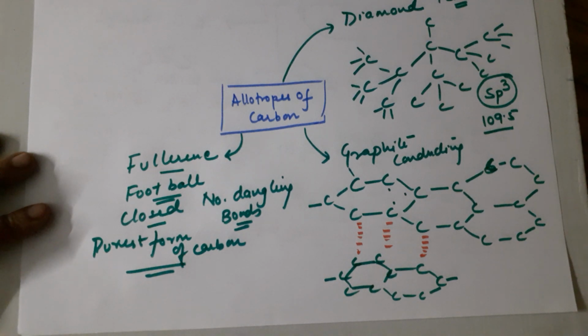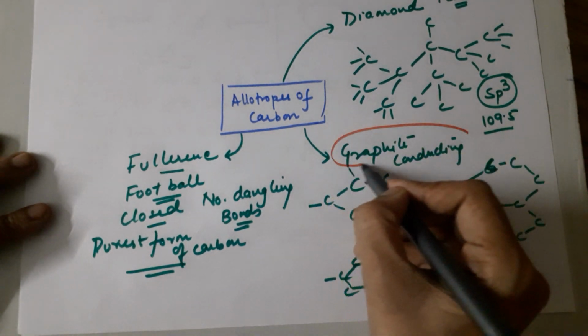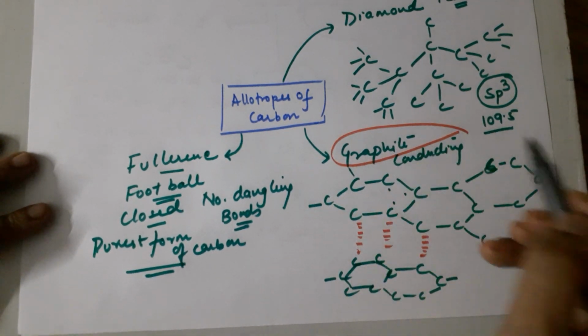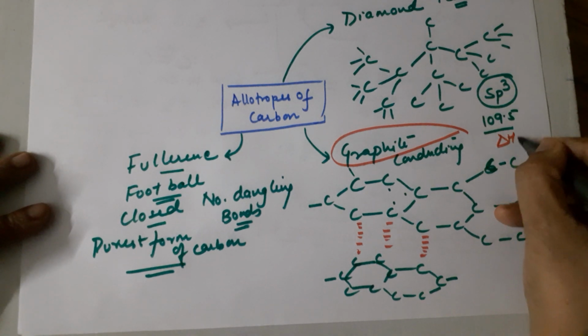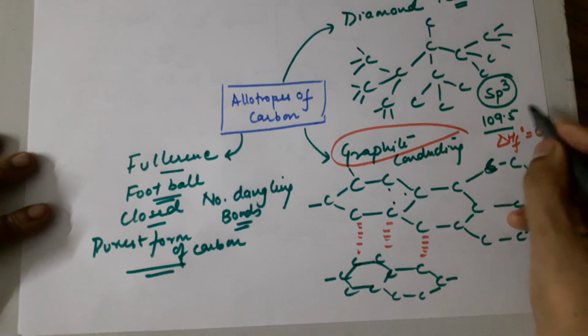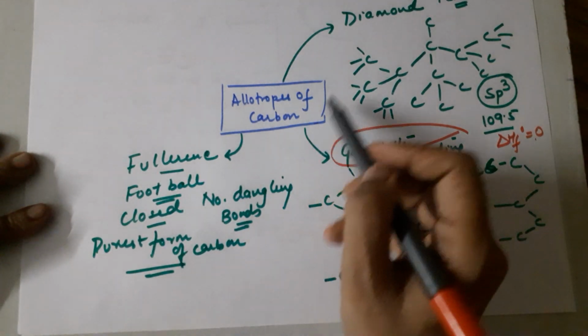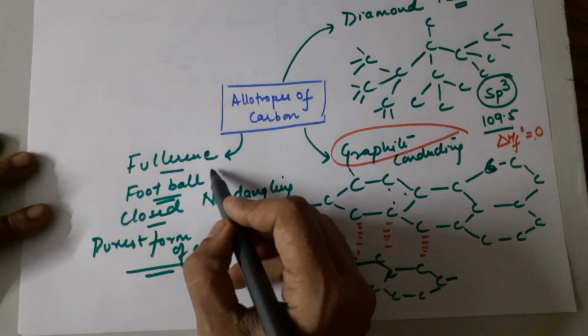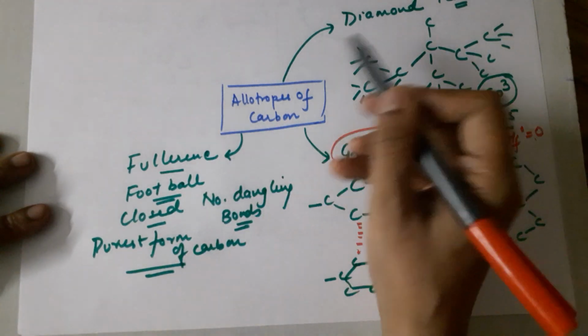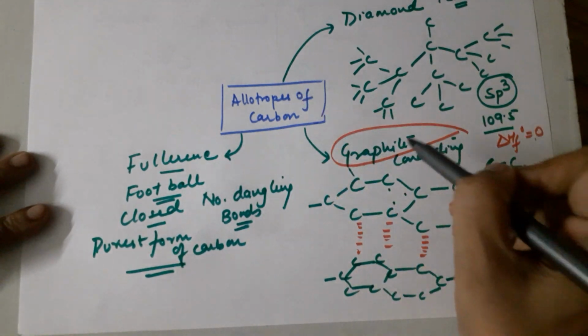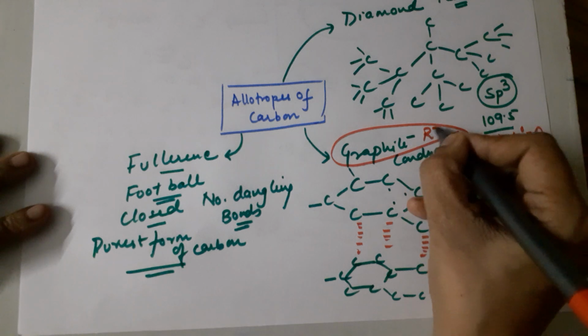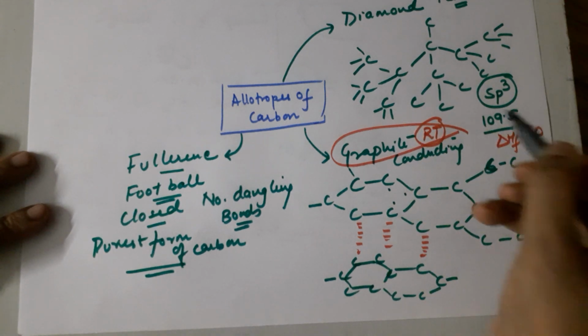At room temperature, we have graphite. This is the allotrope which has got delta HF taken to be 0. That is, heat of formation of graphite is taken to be 0 because carbon does exist as diamond, graphite and fullerene. But diamond and fullerene exist under special conditions, while graphite is found at room temperature and abundantly available.